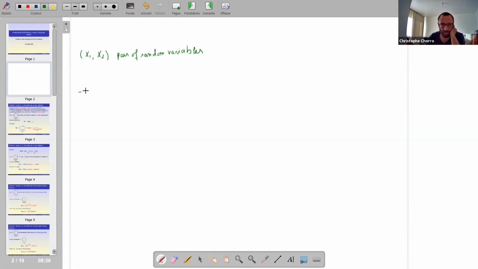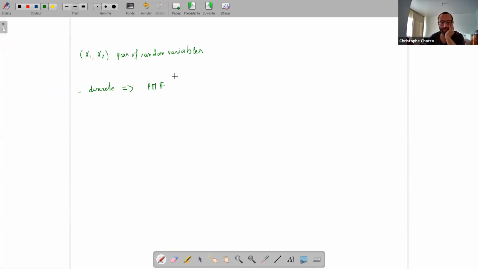So we have seen together that if both are discrete, I can characterize, for example, the distribution of the pair by, okay, so I know that the pair is discrete if the components are discrete, and I can describe the distribution of the vector x1, x2 by the probability mass function, okay?